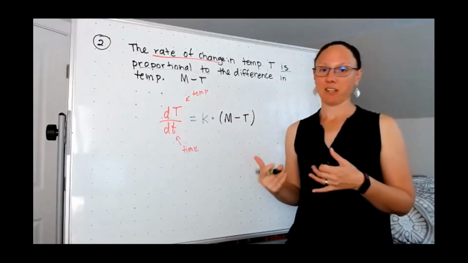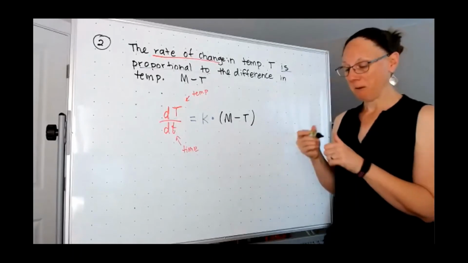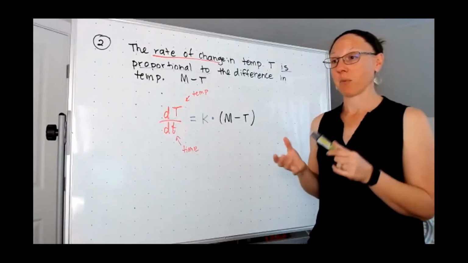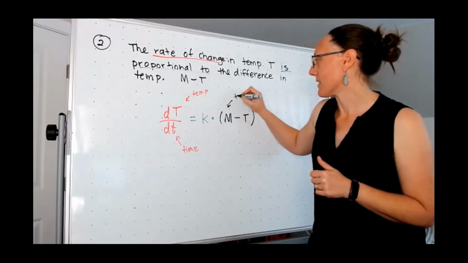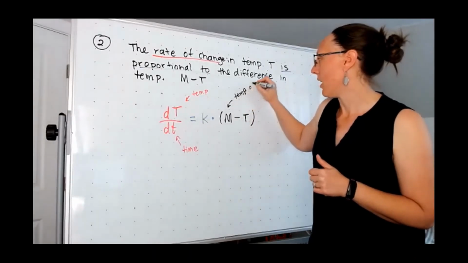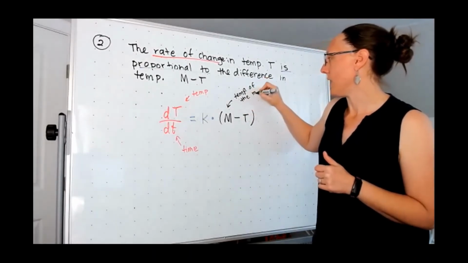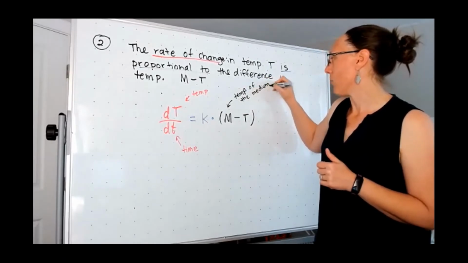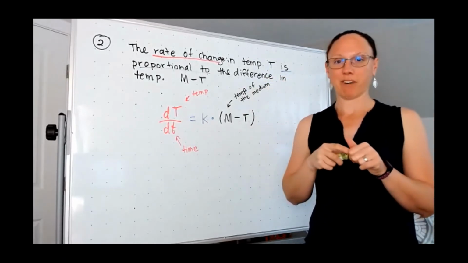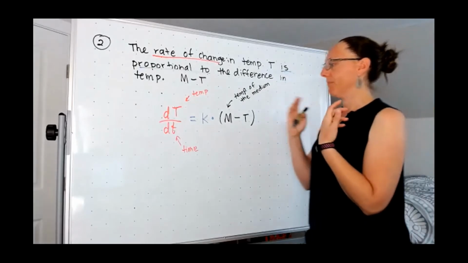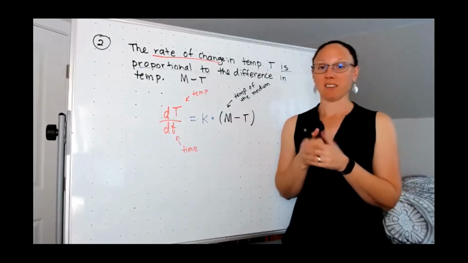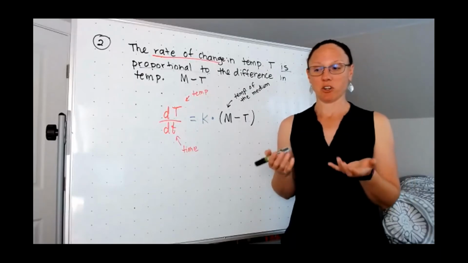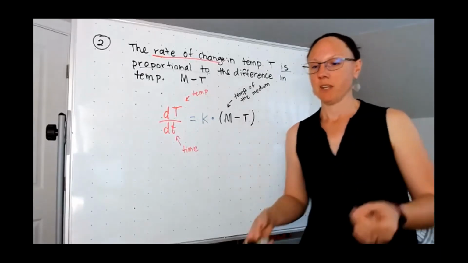Now there are a couple of things that are important about this. In terms of the context of the problem, we are told that M is the temperature of the medium. That's a weird way to phrase it. This means the temperature, sometimes we also think about it as the temperature of the surroundings.